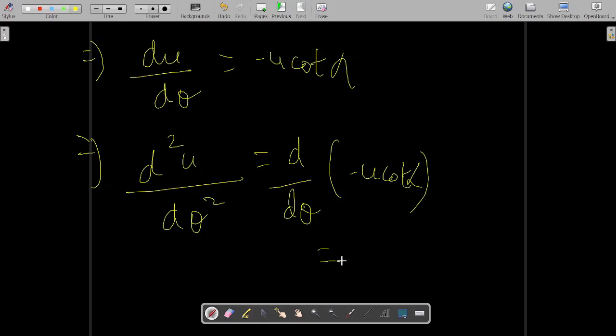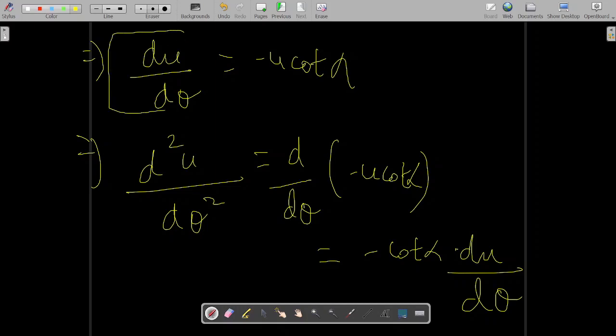It will be equal to minus cot alpha, as it is a constant it will come out, and du by d theta will remain, because alpha is a constant over here. Now you already know the value of du by d theta from here.